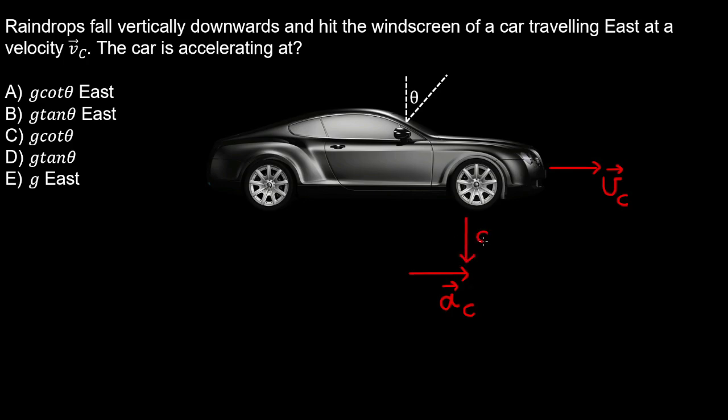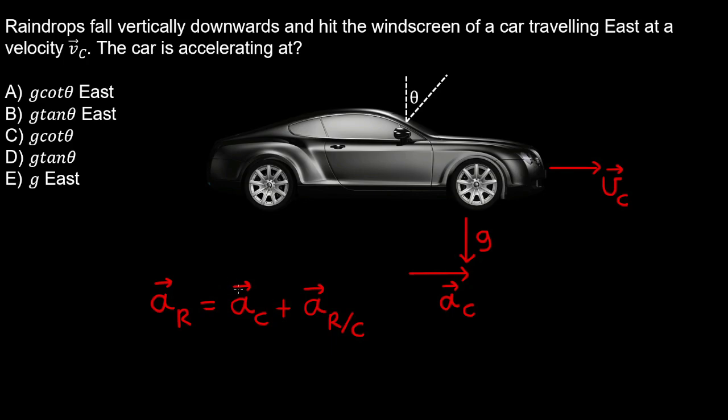So it has an acceleration of g. And using the relative acceleration equation, the acceleration of the raindrop is the acceleration of the car plus the acceleration of the raindrop relative to the car, or observed by a passenger in the car.